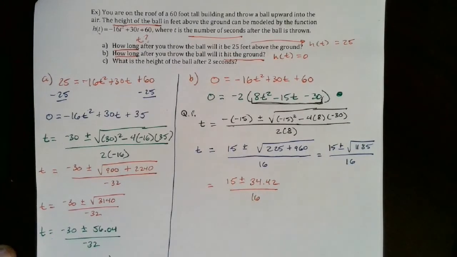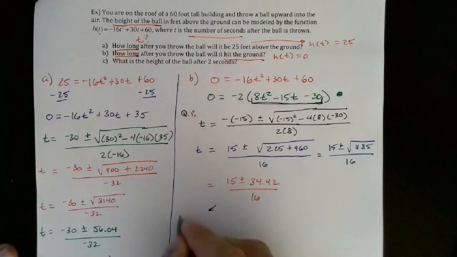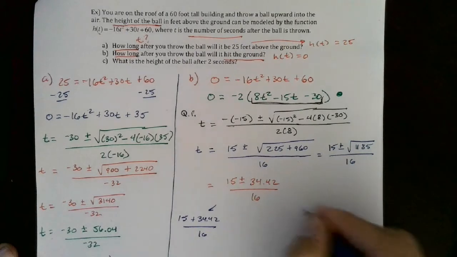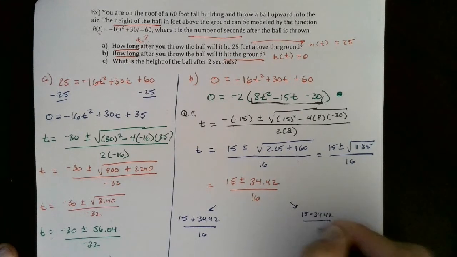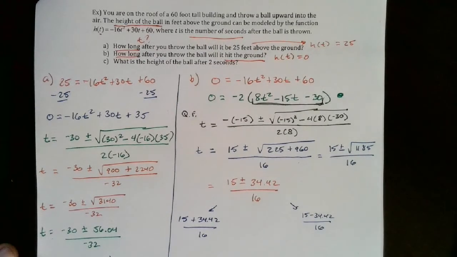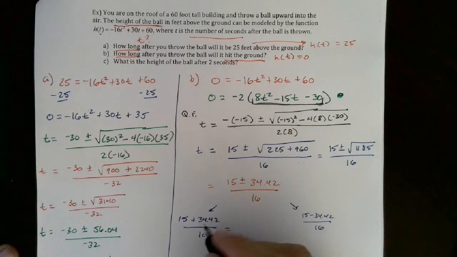Well, we have two answers. We have 15 plus 34.42 over 16, and you've got 15 minus 34.42 over 16. 15 plus 34.42, that's going to end up being 49.42 over 16.